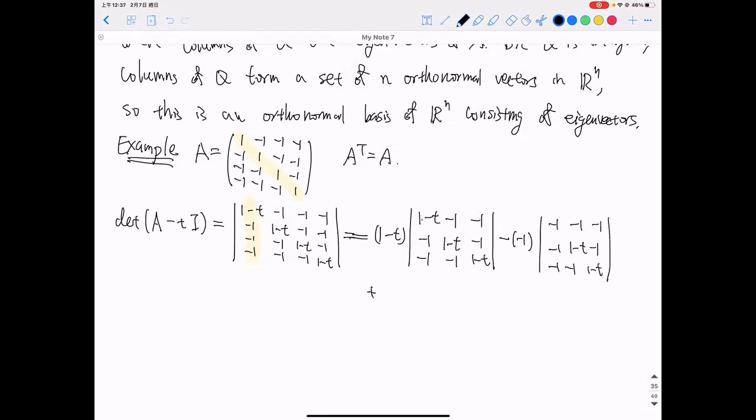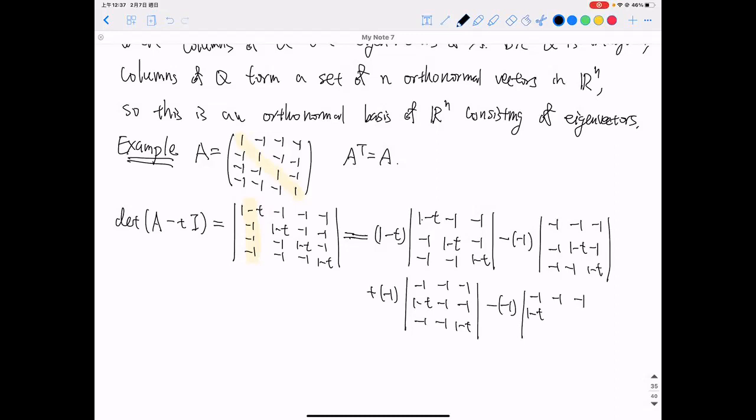Plus minus 1, minus 1, minus 1, minus 1. Let's see here. 1 minus t, minus 1, minus 1. Minus 1, minus 1, 1 minus t. Minus, minus 1. Minus 1, minus 1, minus 1, 1 minus t.